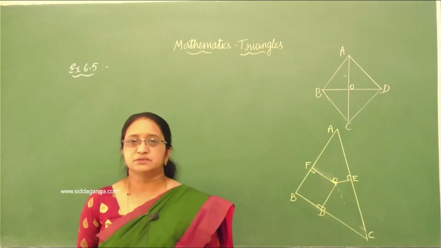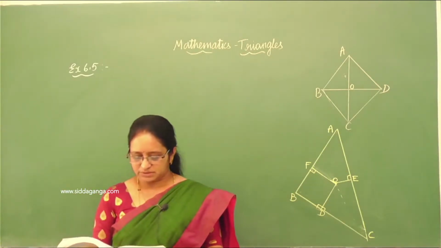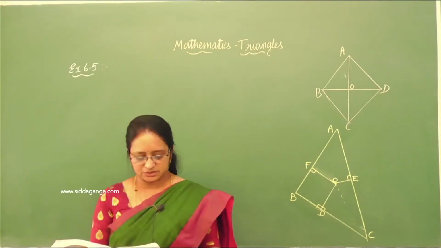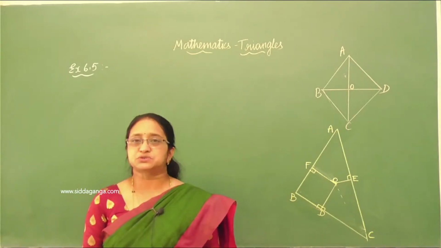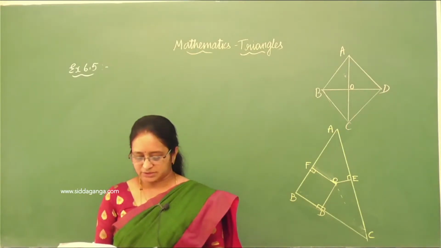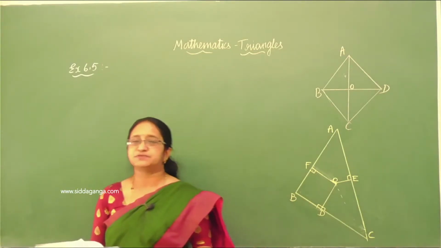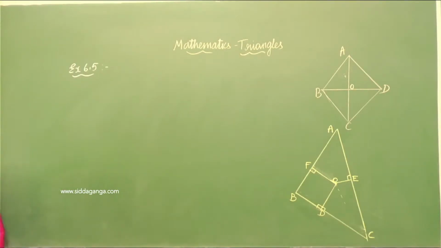Prove that the sum of the squares of the sides of a rhombus is equal to the sum of the squares of its diagonals. I hope you understood the question.